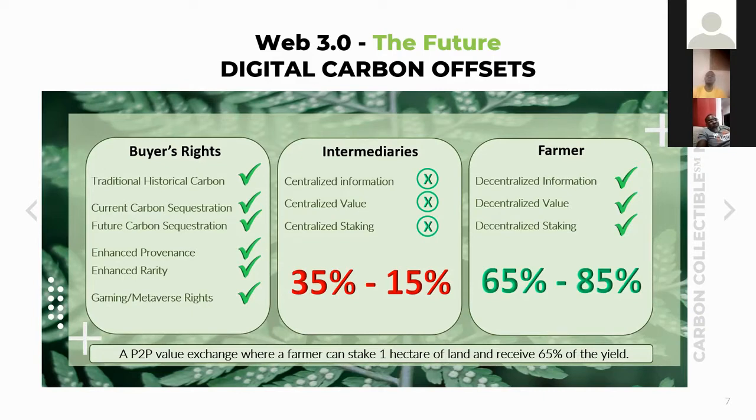We also have enhanced rarity. So what does that mean? That means the hectare of land that is associated with your NFT may be close to a waterfall, or close to some caves or a monkey sanctuary or some other attribute that's in the forest. And so those attributes are rare, which means your NFT will have physical rarity.